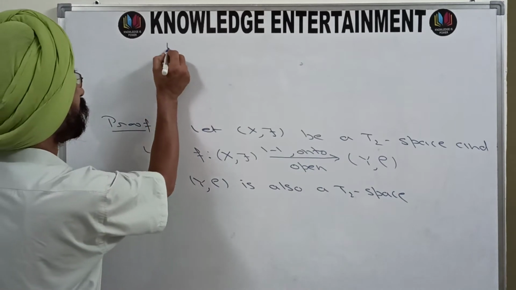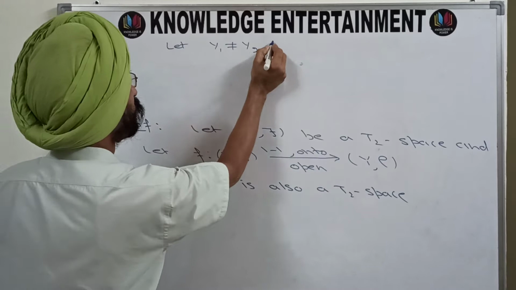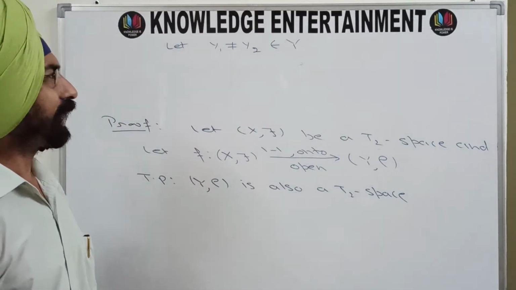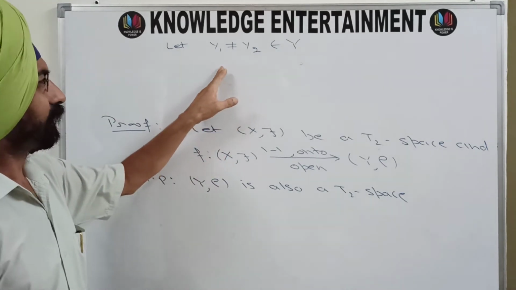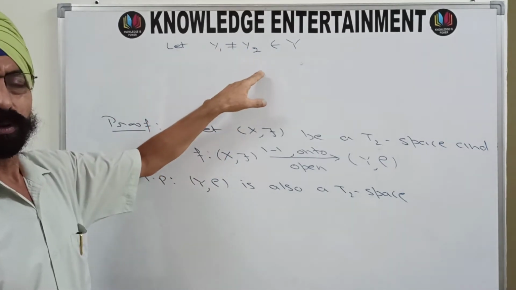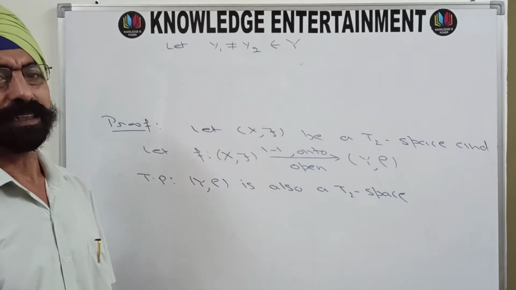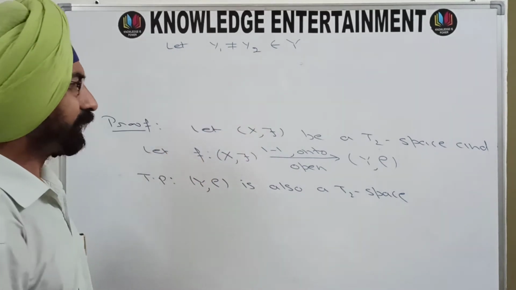Let Y1 not equal to Y2 be 2 points of Y, and now we have to show that there exist two open sets containing Y1 and Y2 separately, and the two open sets are disjoint. The intersection of these two sets is phi.